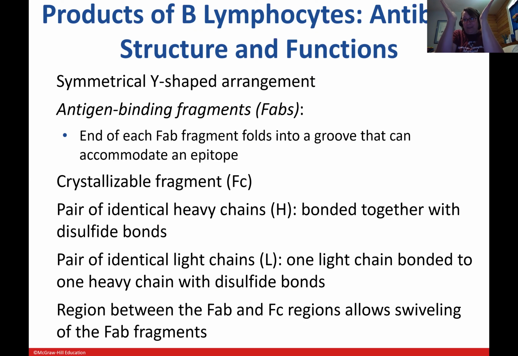Those are attached to either side of the Y, formed by the heavy chain. And basically, that region between that constant area and the antigen-specific variable region actually allows that antibody to swivel and attach to a very particular part of that antigen.